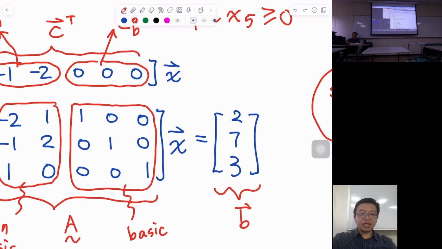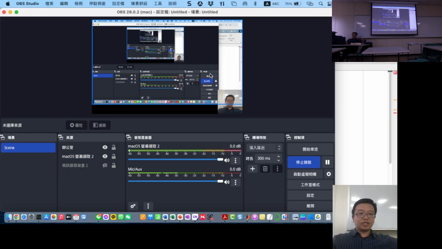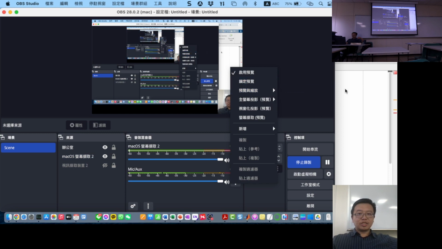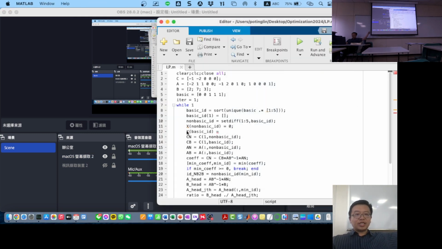And the basic IDs equals A basic inverse times B. So here I did X non-basic equals 0.